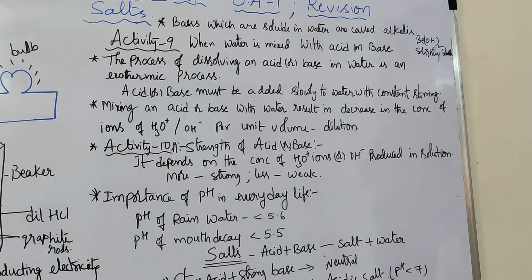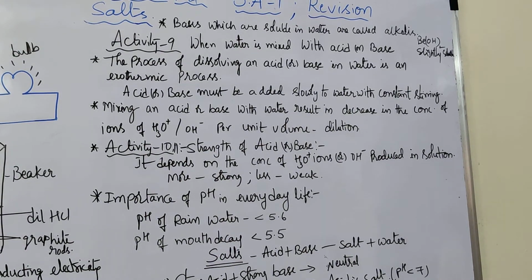Coming to the third, pH in our digestive system. Our stomach produces hydrochloric acid to digest the food. Sometimes it releases an excess of acid, and due to this we have a burning sensation in our stomach. During indigestion the stomach produces too much acid, which causes pain and irritation.